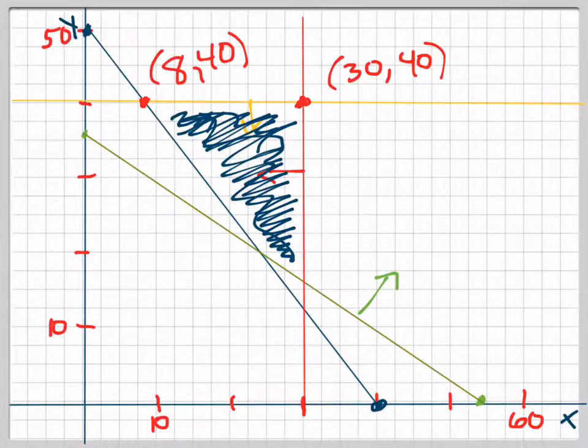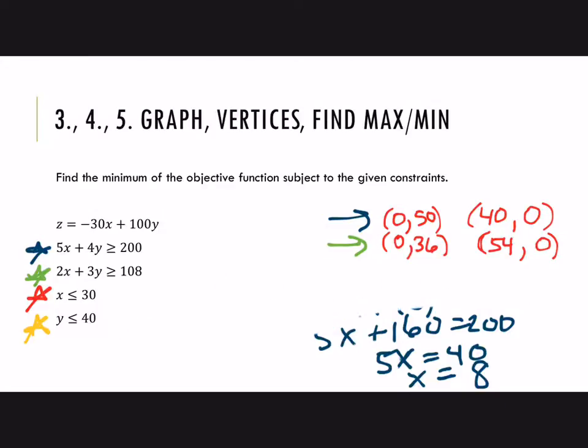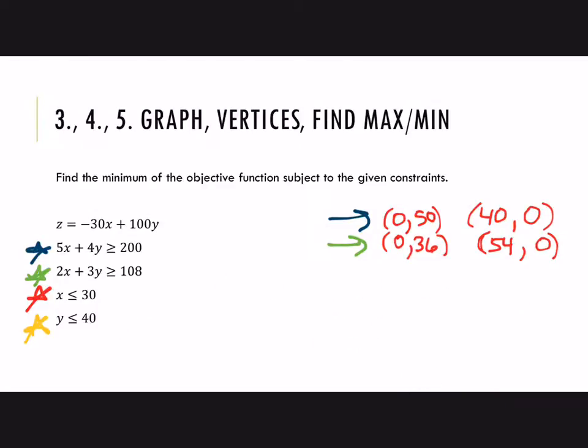All right, another one. This one's not quite so bad. I at least know the x-coordinate from that red line. I know that this is 30 something. So this is the point that is on the intersection of the red and green lines. So I'm going to go back and look at those two equations. Okay, red and green. And again, I'll solve by substitution.